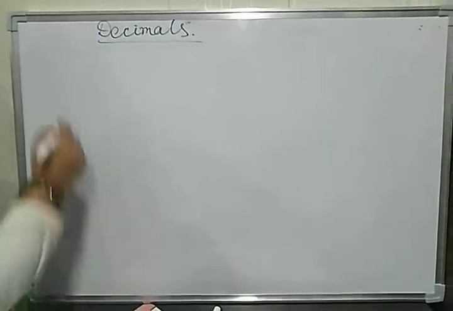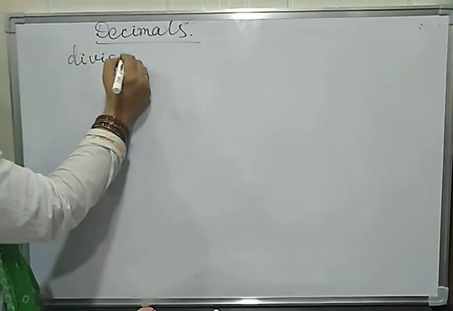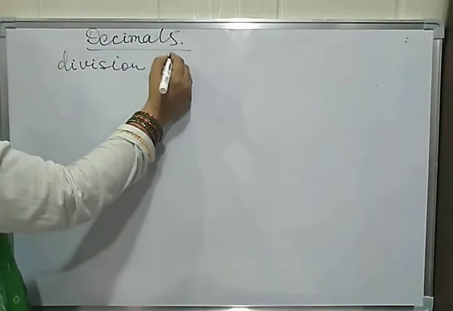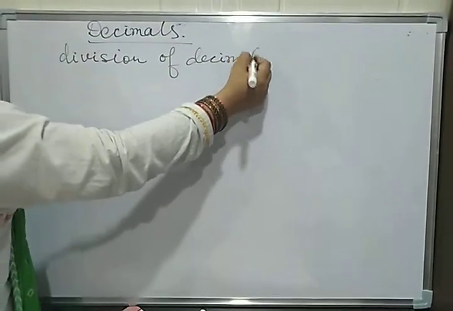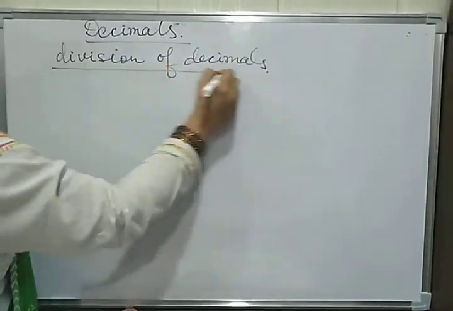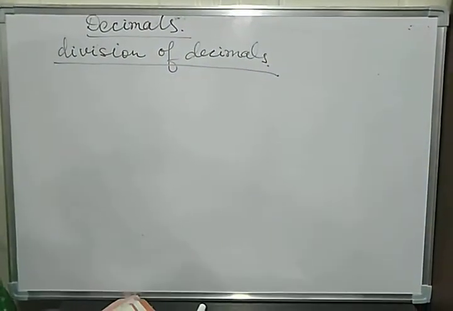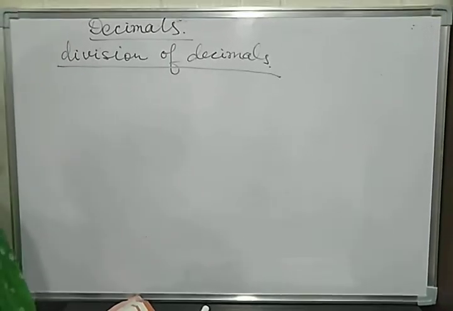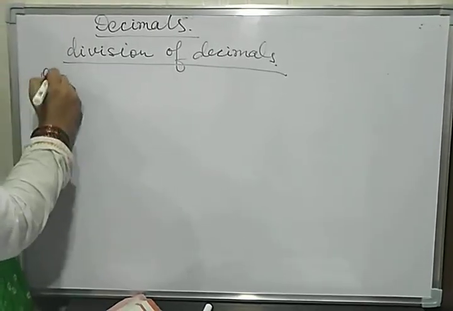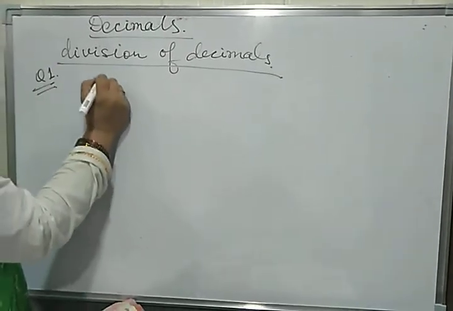Ready. Now the concept of division of decimals. For the division of decimals, we have to recall the division of fraction numbers, because first we have to convert the decimal number into a fraction number.